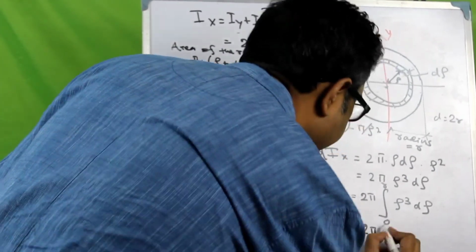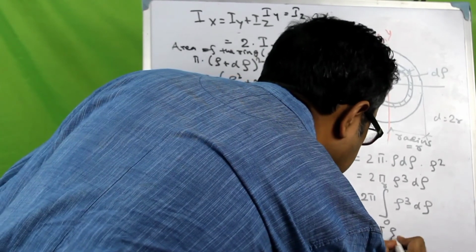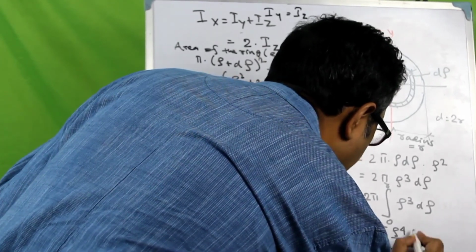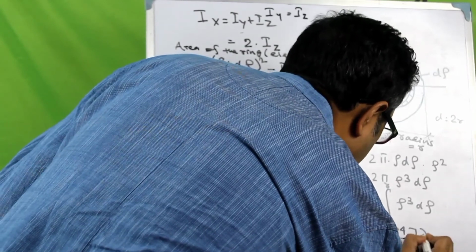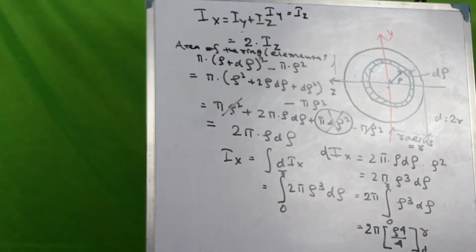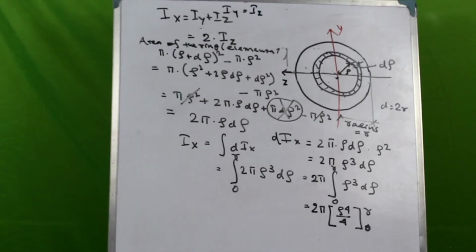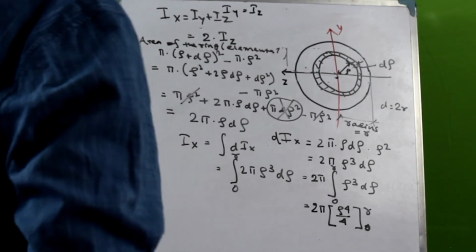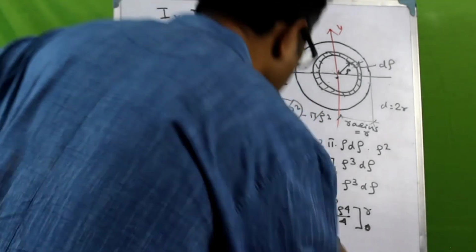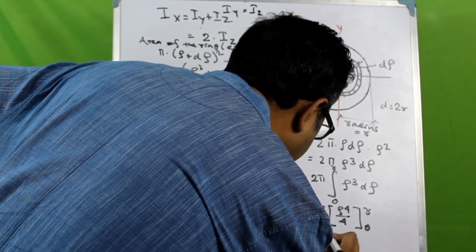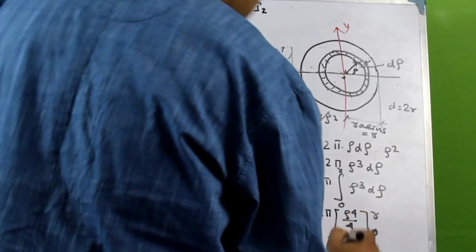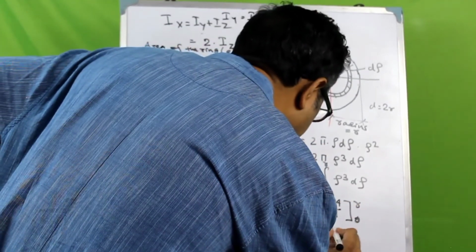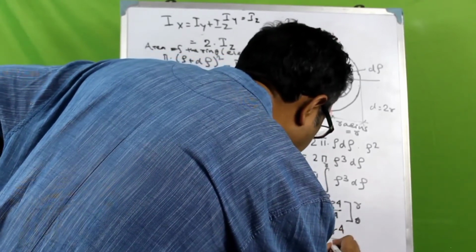So by rules of integration then, we have this as 2 pi rho 4 by 4, from 0 to r. And now if we express this, we get this as pi r to the power 4 by 2.